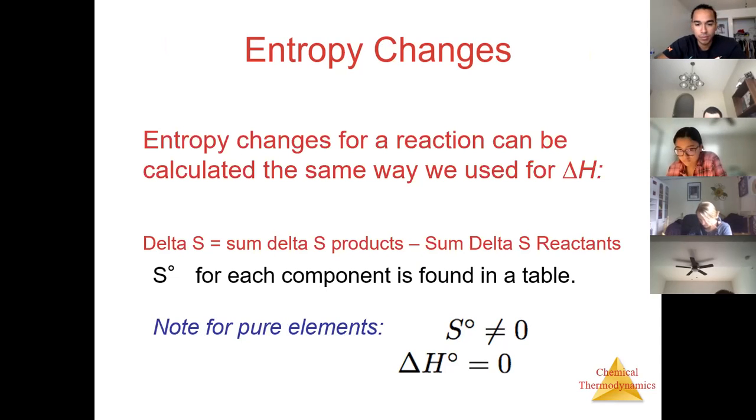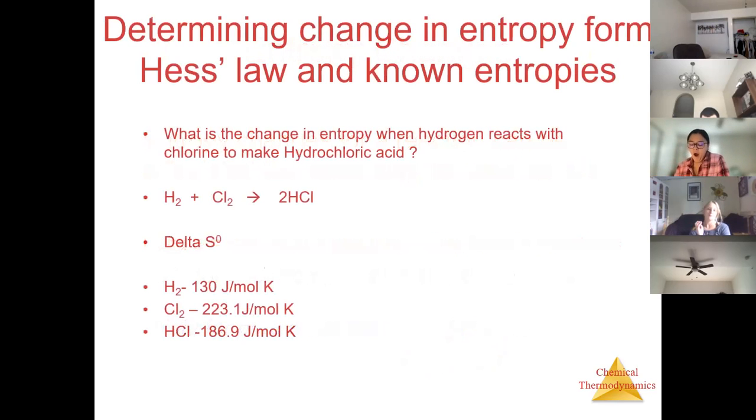That is not true of S's, because remember, we're relating S's from the third law of thermodynamics to the S at absolute zero. Again, we're going to find the components in a table. I will give you these on the exam.